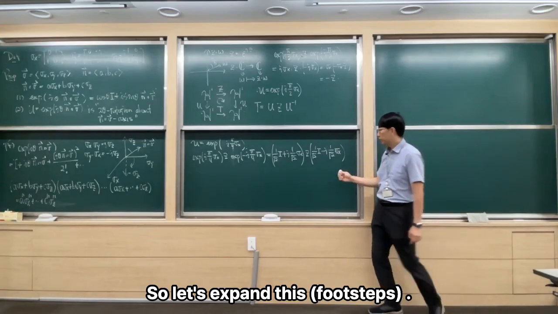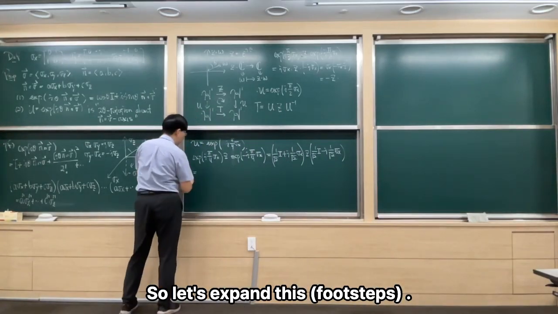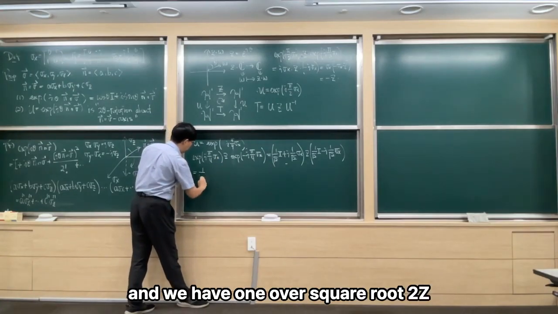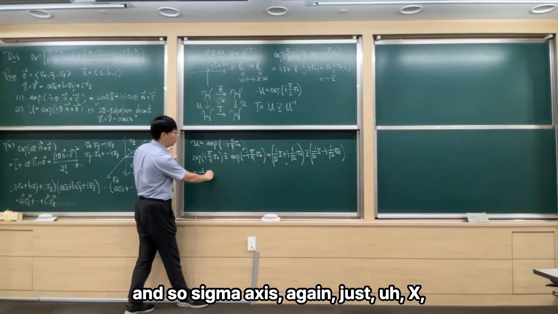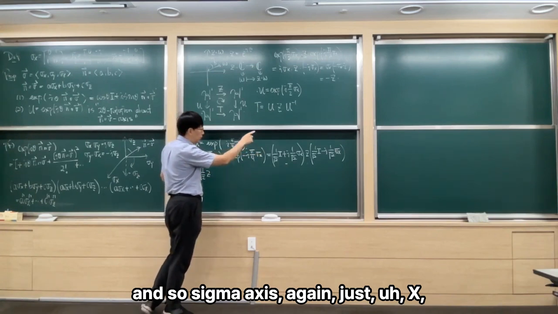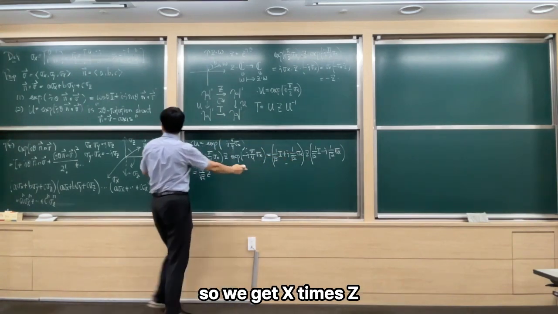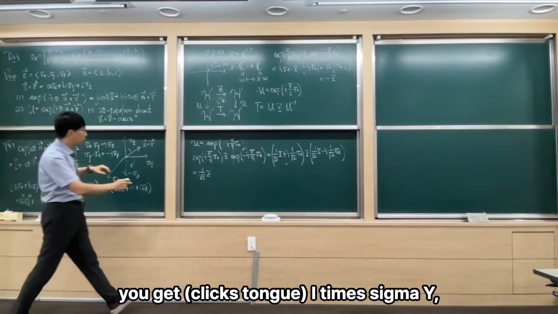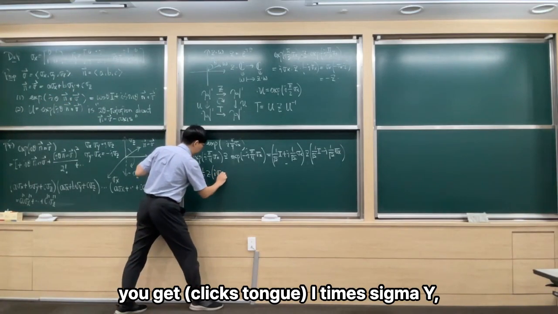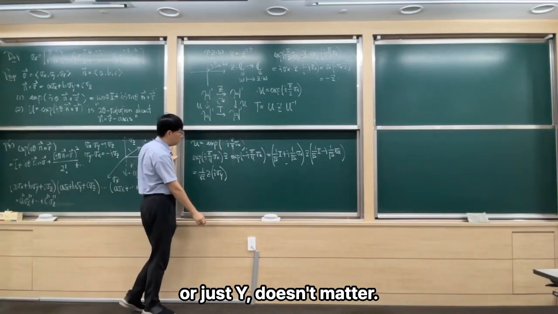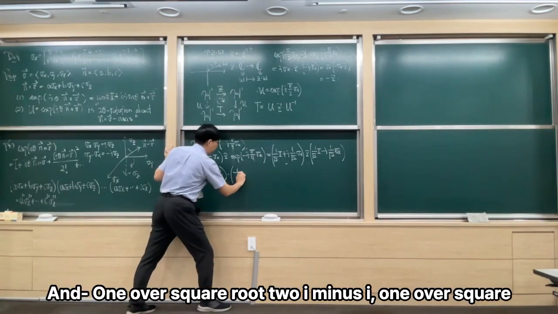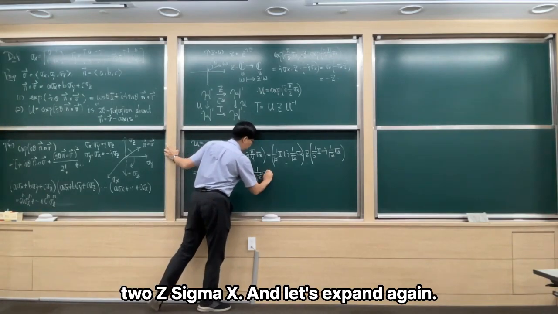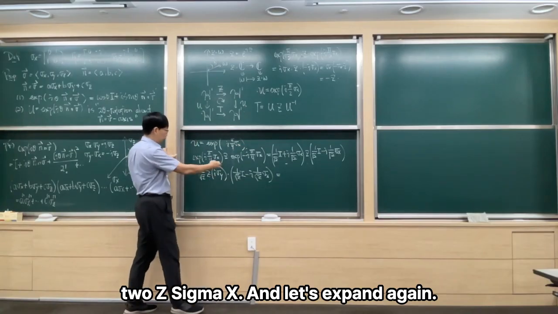Okay, so let's expand this. Let's expand the first two. And we have 1 over square root 2 Z, and sigma x is again just x, so we get x times Z, and when you get x times Z, you get i times sigma y, or just y, doesn't matter, and 1 over square root 2 i minus i 1 over square root 2 Z sigma x, and let's expand again.